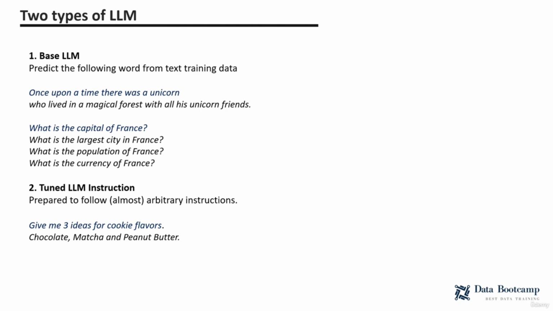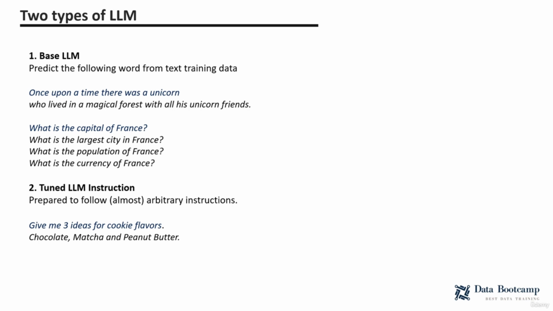In this task, we will explore the two different types of large language models that exist and review the development process of the ChatGPT model. There are two types of large language models, a base model and an instruction following optimized model. The base model predicts the next word based on the training data of the text.